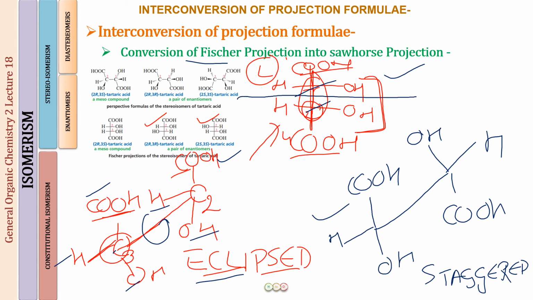So if I draw a plane over here, on the left and the right side, or you can say up and down of this plane, I can see two mirror images of each other. So I can bisect the molecule into two halves which are the mirror image of each other. So in this Fischer projection, what do you see? I see a plane of symmetry. Do I see a center of symmetry? No, I do not see a center of symmetry in this.